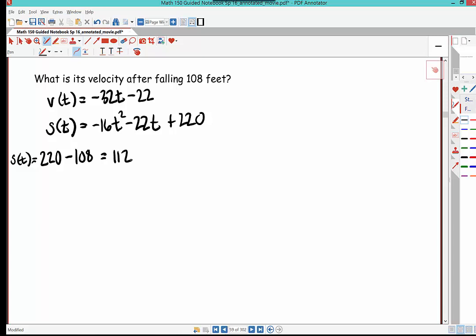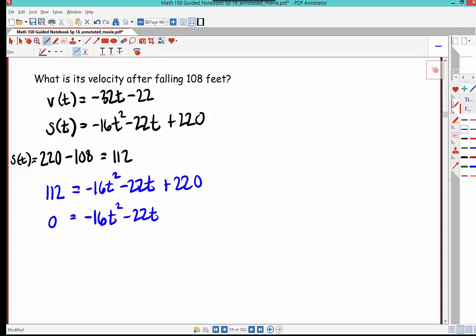Good so far? So, setting this up, we'll have 112 equals negative 16t squared minus 22t plus 220. And then we will have 0 equals negative 16t squared minus 22t, and then we'll end up at plus 108.